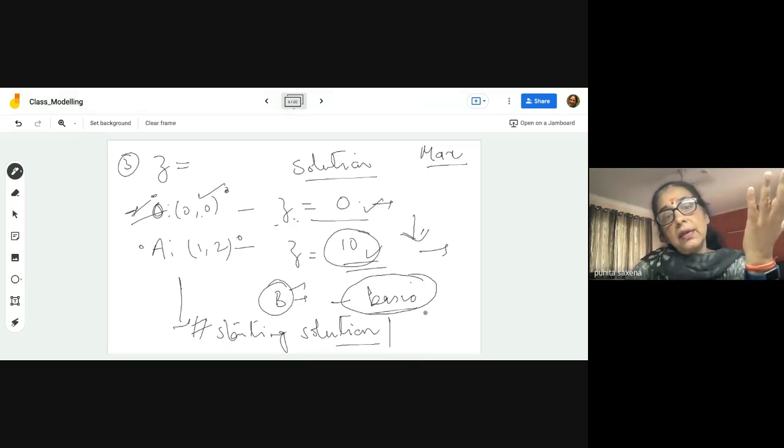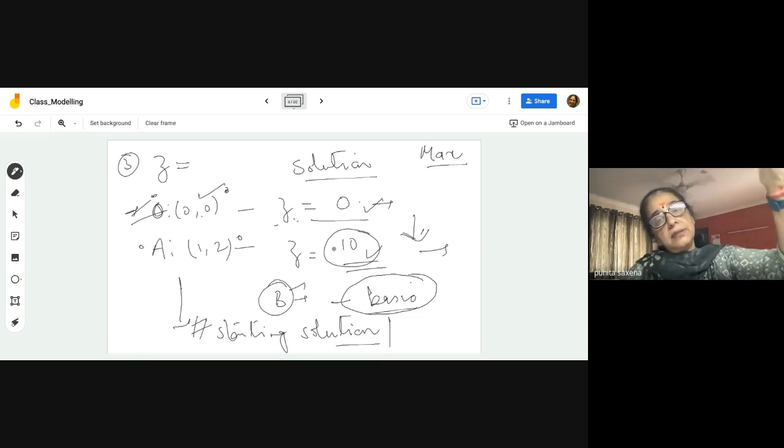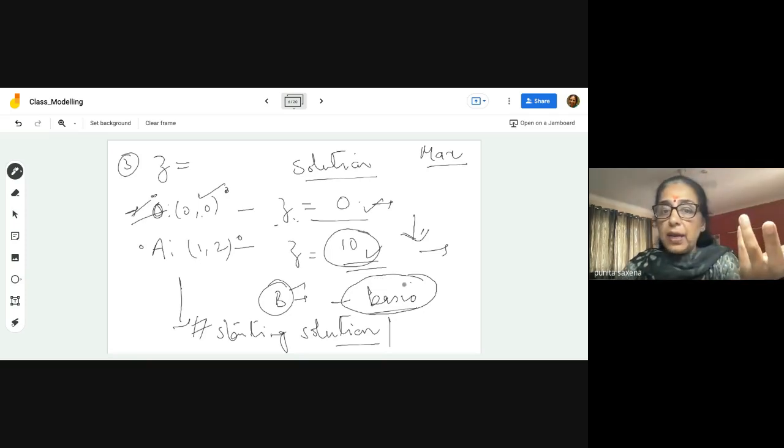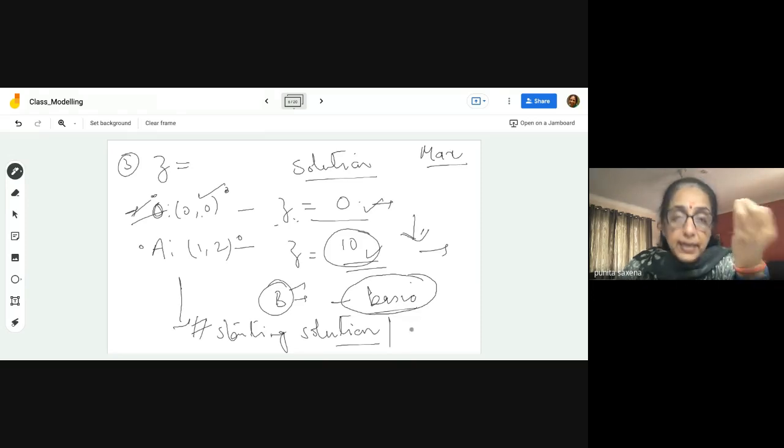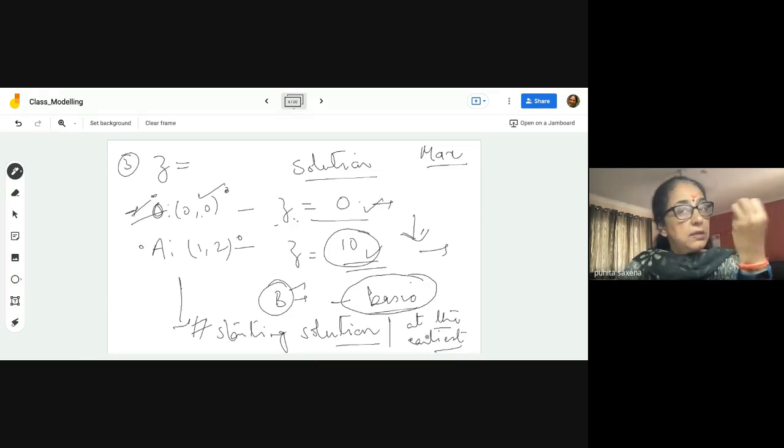मुझे क्या जरूरत है कि I compute, supposing my problem has say 50 constraints and say 100 variables and I am solving it. So imagine the number of extreme points we are going to get, the number of basic solutions we are going to get. So why should I compute for all such numbers? Maybe if I devise my method in such a manner that I am able to reach the optimal solution at the earliest, it will suffice.